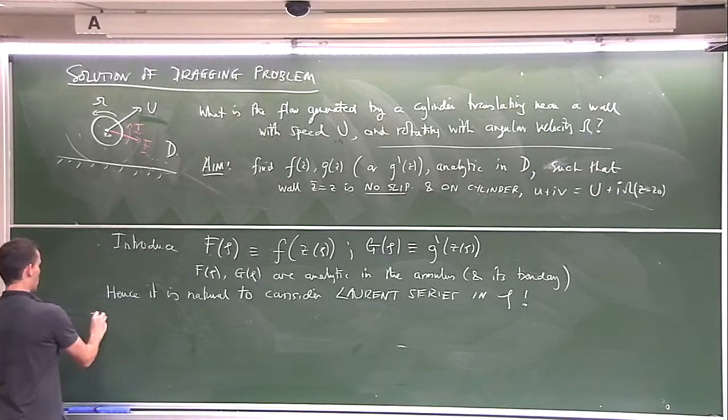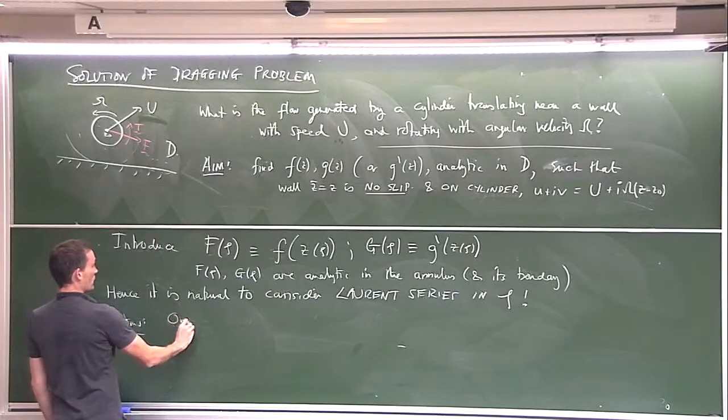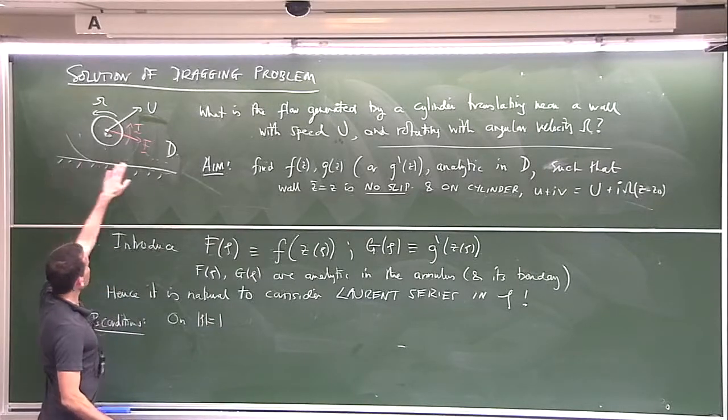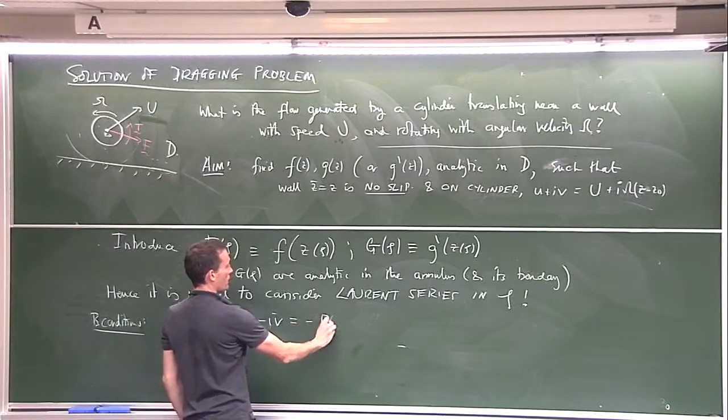Okay, let's look at the boundary conditions though. On |z| equal to 1, which is this wall, u minus iv is minus F of zeta bar.